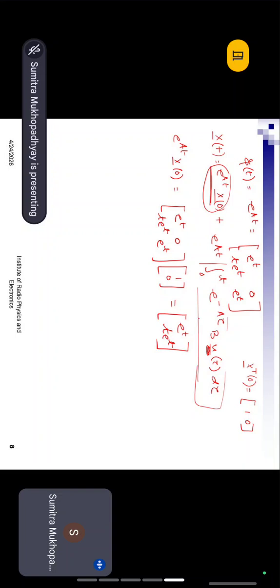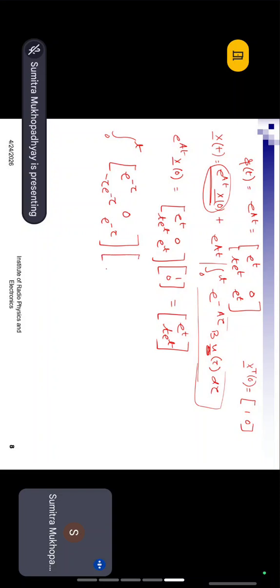So do the integration. 0 to t e to the power minus A tau, which is given. e to the power minus A tau is e to the power minus tau, 0, minus tau e to the power minus tau and e to the power minus tau. Okay?